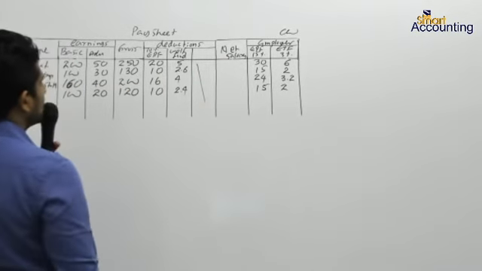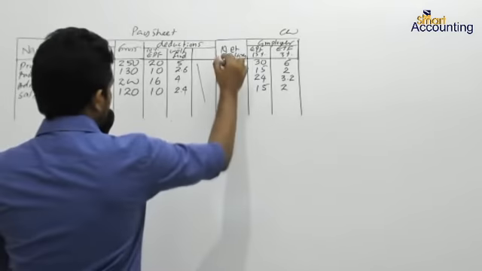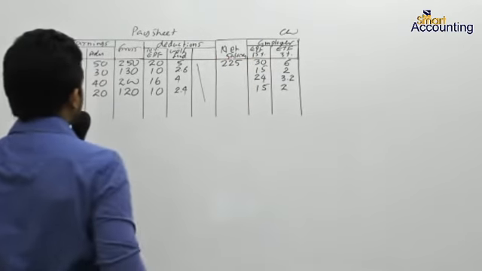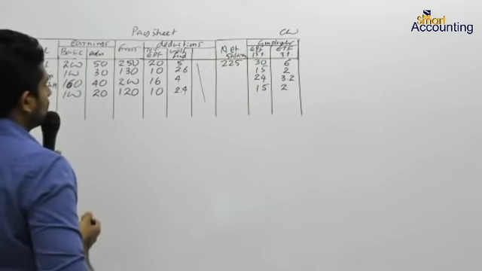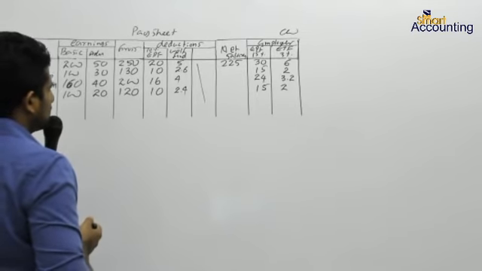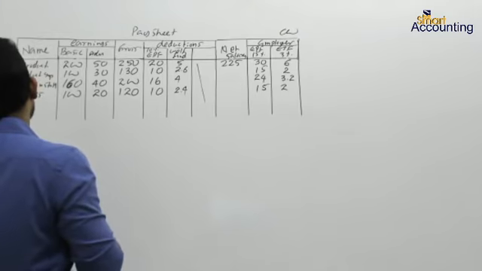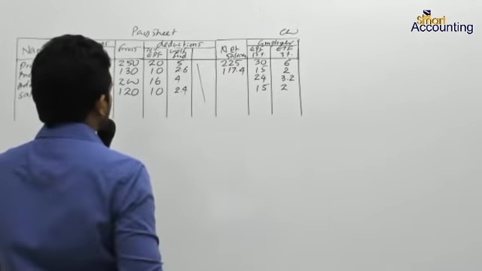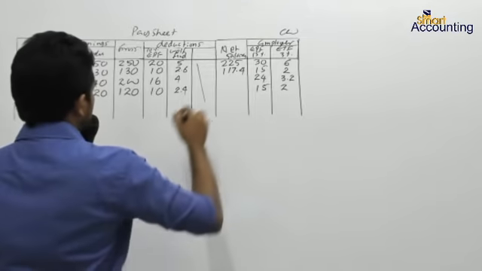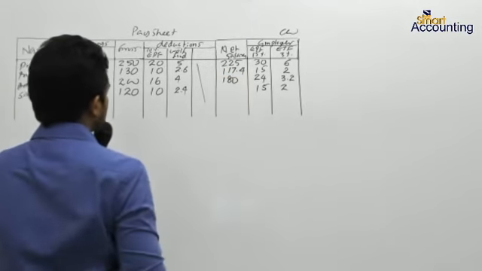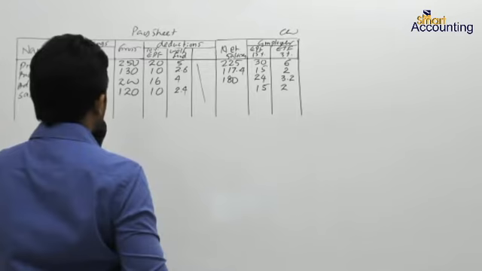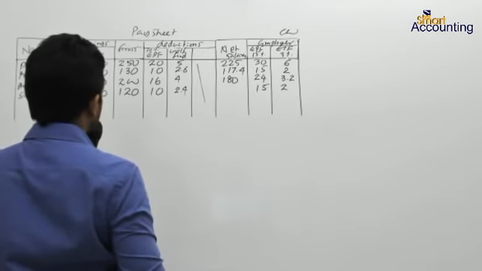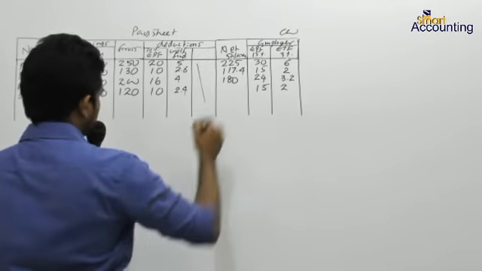Take the net salary. 250 minus 25 is 225. 130 minus 12.6, that is 117.4. 200 minus 20, that is 180. 120 minus 10 is 110. See, 107.6.